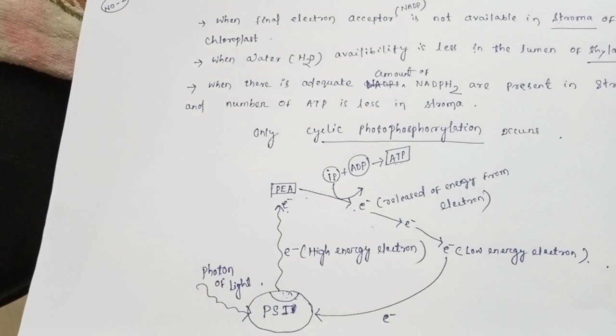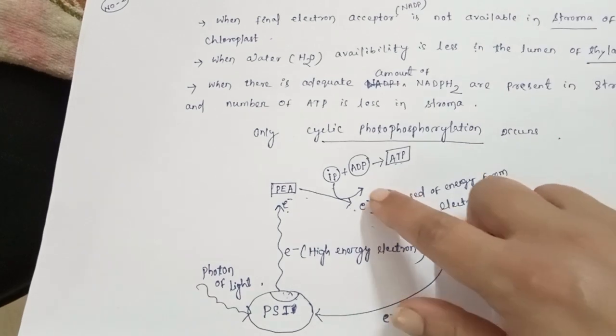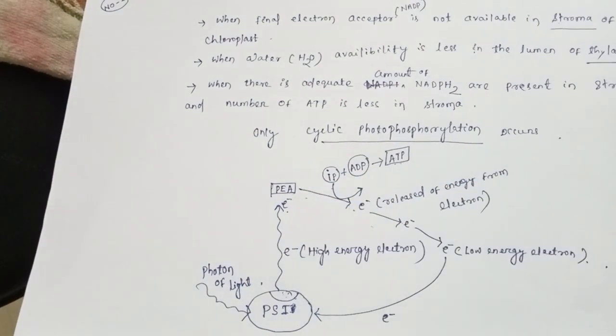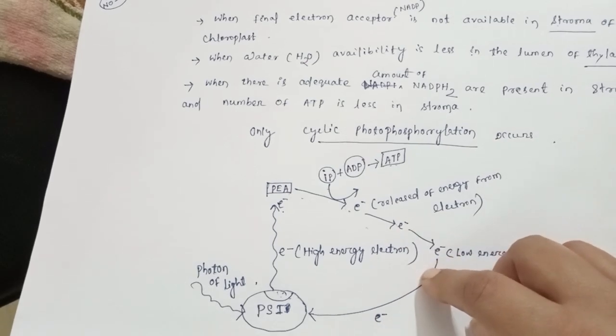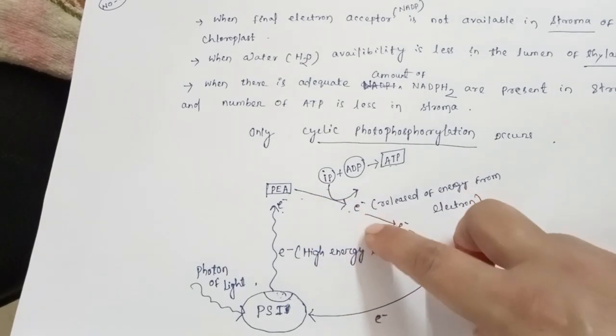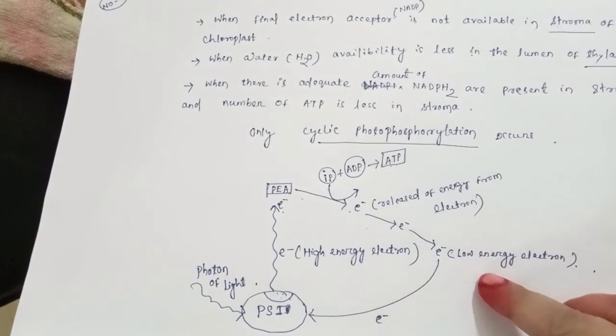This electron released from the reaction center is a high energy electron, and it is first accepted by the primary electron acceptor. Then the high energy electron moves from one electron carrier to another successively; these electron carriers are present in the thylakoid membrane.